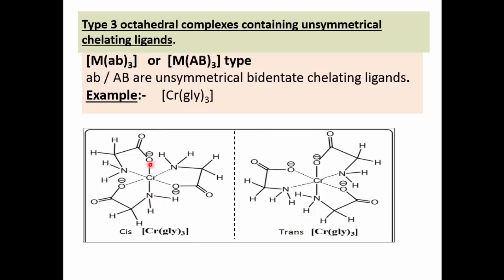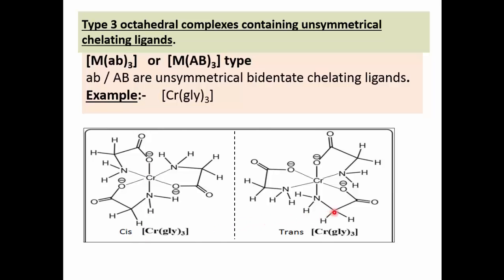See here, first oxygen, second nitrogen, again oxygen, then nitrogen, again oxygen, again nitrogen. So the sequence of attachment of glycine molecules to the chromium is maintained. Oxygen, nitrogen, oxygen, nitrogen, oxygen, nitrogen, and therefore it is called cis structure.